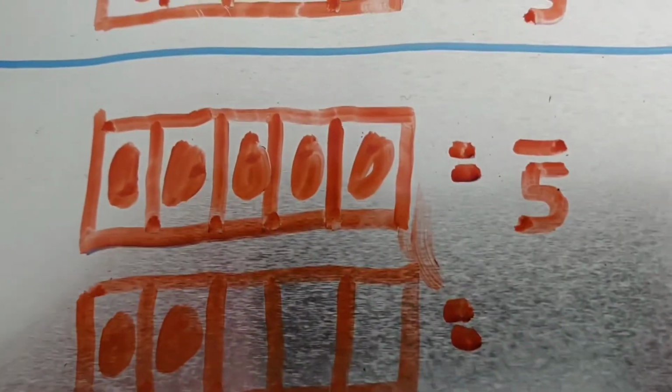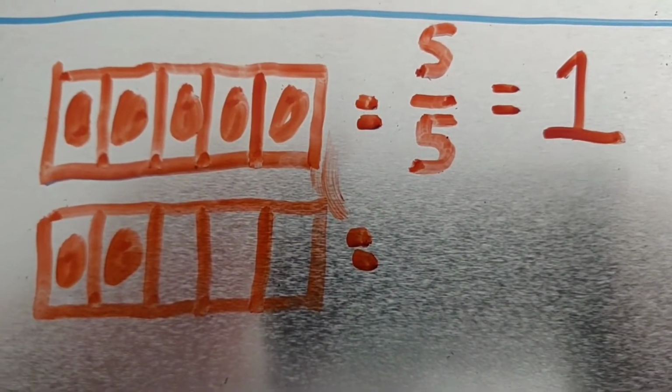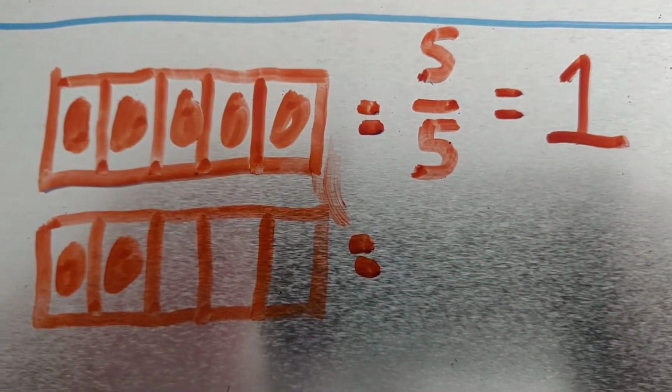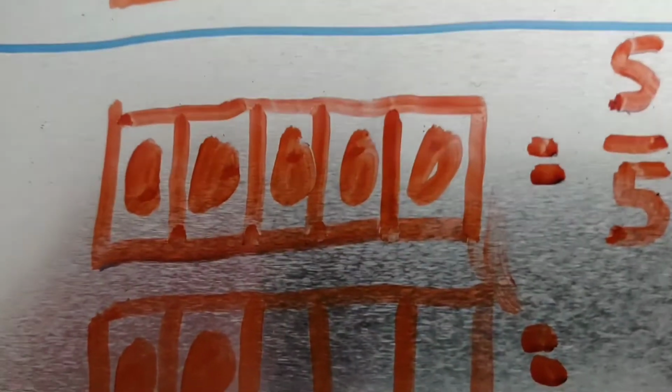And in that top model, how many of those 5 equal parts do we have? In that top model, we have 5 of those 5 equal parts. So that's equivalent to 5/5, which is the same thing as one whole. And if you notice, the whole was broken into 5 equal parts. We have all 5 of those parts, so we have the whole. We have one whole. We have the entire whole. So we have 5/5 or one whole.